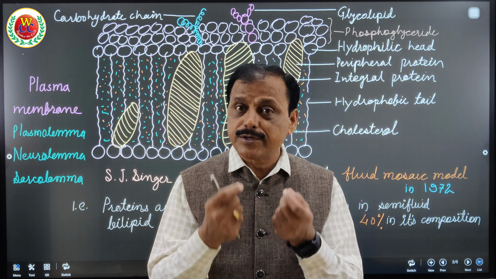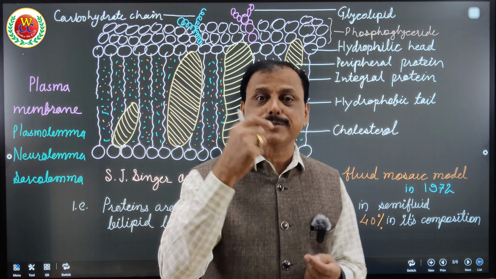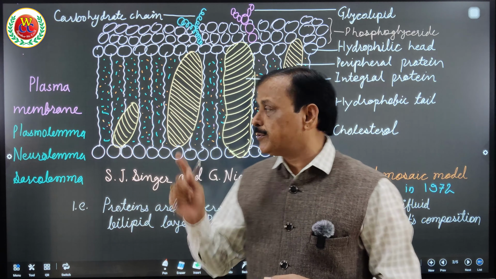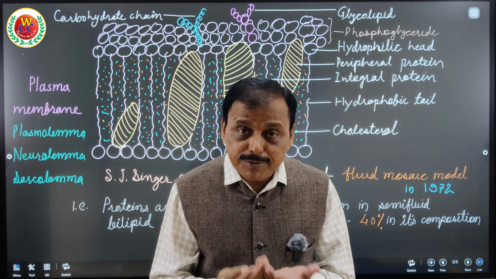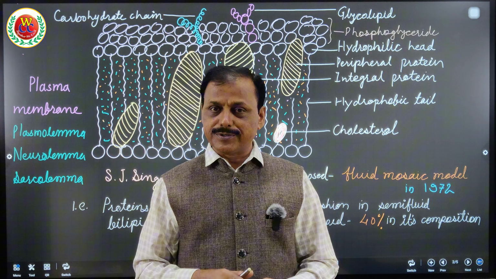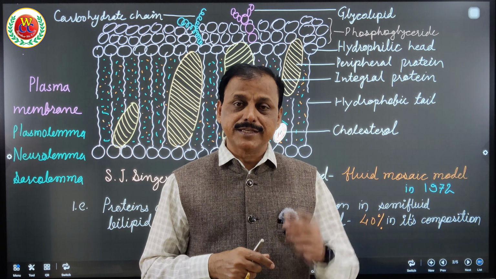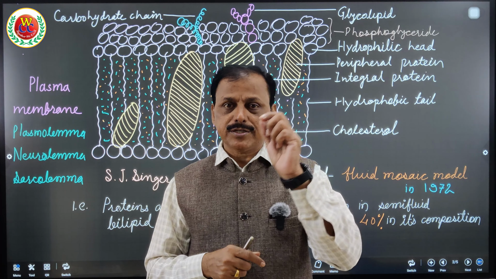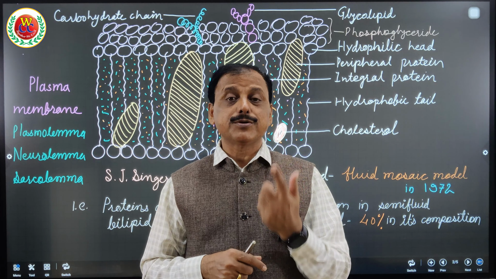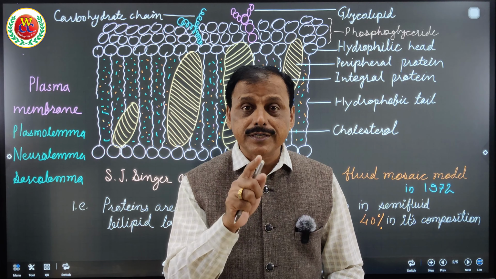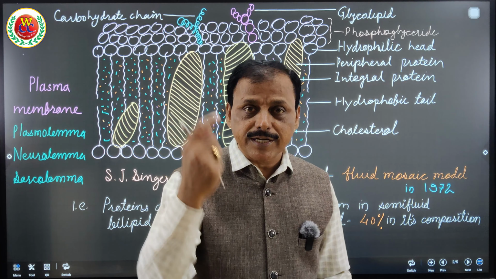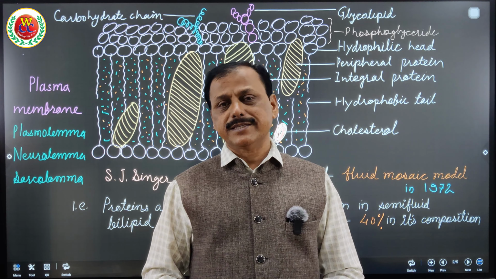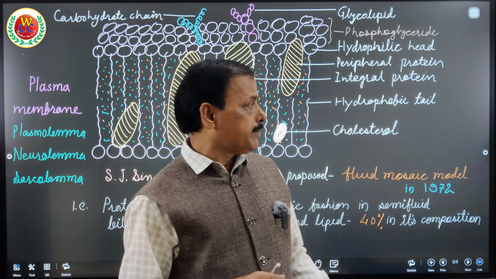Because the target organ or cell has a receptor for that specific hormone, and therefore some of the proteins are not only carriers but receptor proteins. It's very important to note for NEET. A question can be asked: hormones act at the target organ. This is the statement. What will be the reason? The target organ membrane has a specific receptor protein to receive that hormone and create the secondary signal inside the cell, and therefore you have to remember.